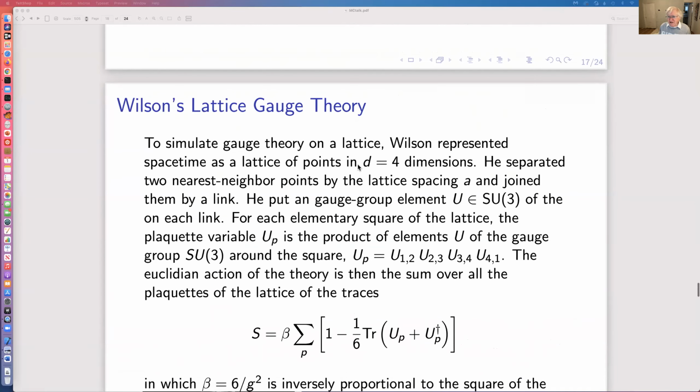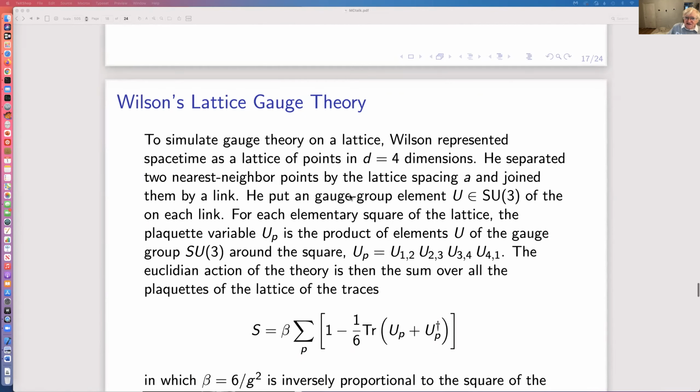Let me tell you one thing that I don't like about lattice gauge theory, and it's that you see the continuum path integral is actually an integral over gauge fields, not over group elements. And the gauge fields are supposed to be integrated from minus infinity to plus infinity. Wilson instead says, we're going to integrate over group elements. This is a compact group.